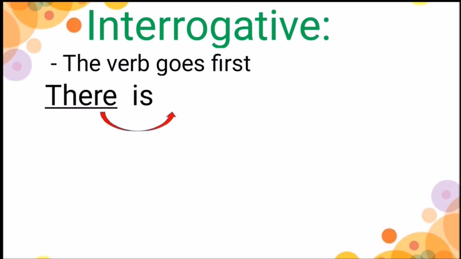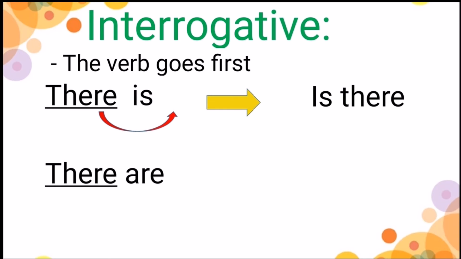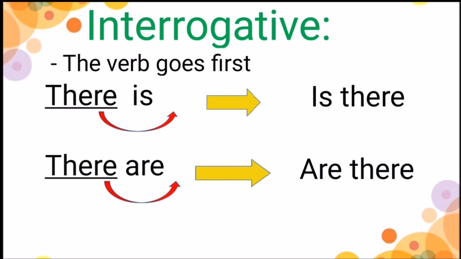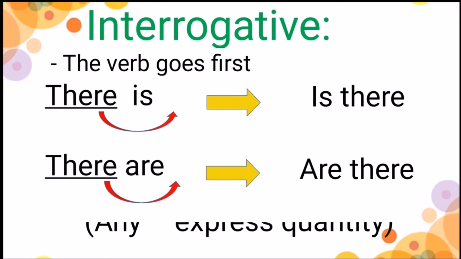There is becomes is there. There are becomes are there. And we can also use the word any when we want to express the quantity. Now, let me give some more examples of there is and there are in the interrogative.